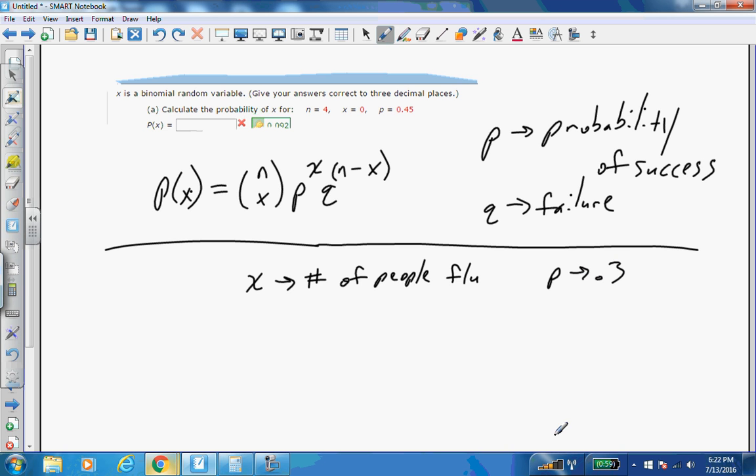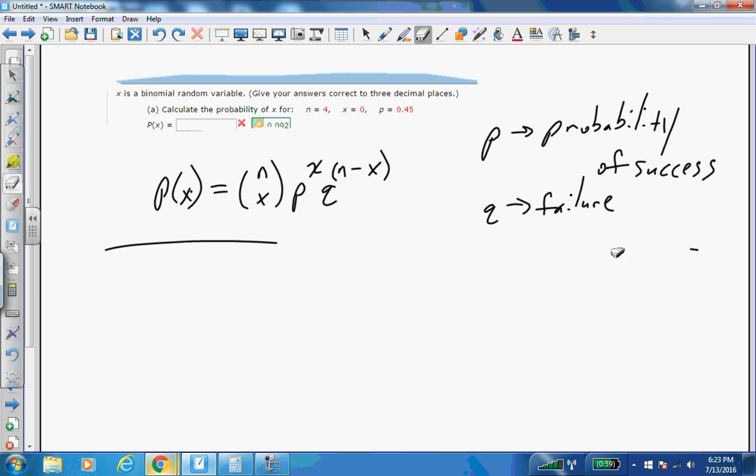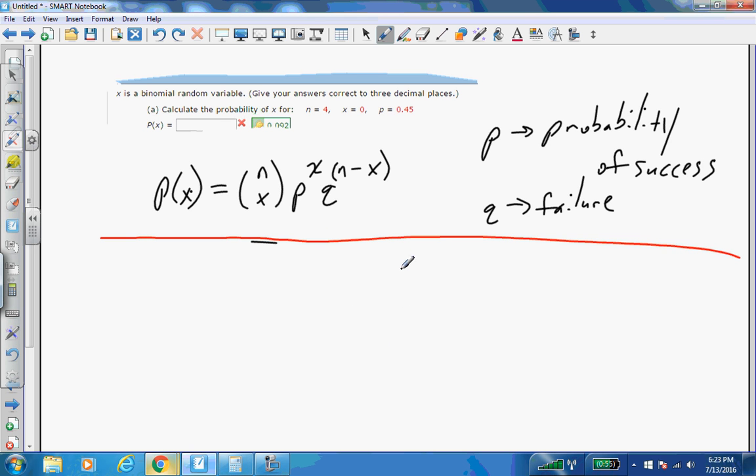Now, it's not desirable that a person catches the flu, but if what we're counting is how many people catch the flu, then the probability of that occurring, that's what we consider success. So p is just the likelihood of x occurring, of our random variable happening. In a binomial probability distribution, we have two options, success or failure, so p plus q has to add up to 100% or 1.